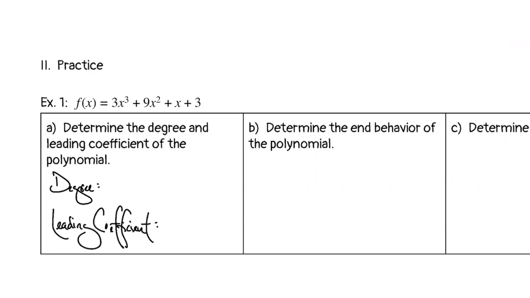All right, so let's start off with the degree here. What degree is this polynomial? It is degree 3, and that leading coefficient is a positive 3. Great. What about the end behavior? What are our two choices here?